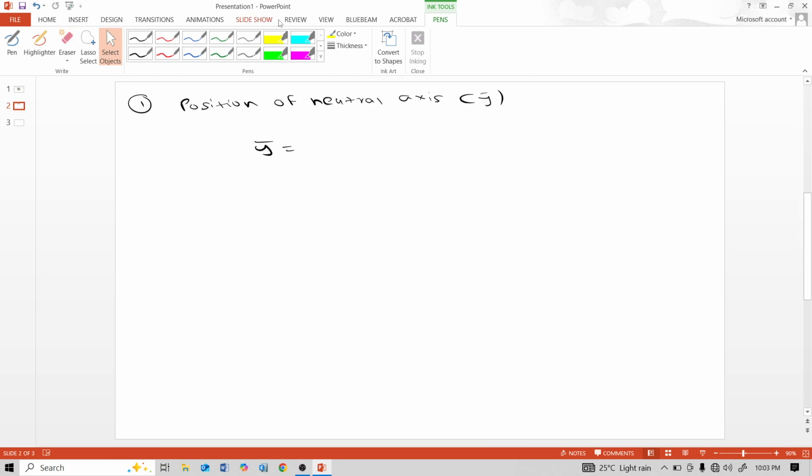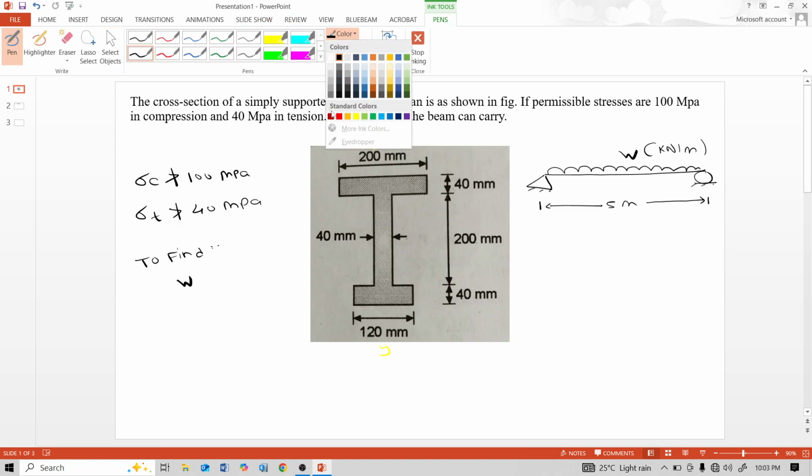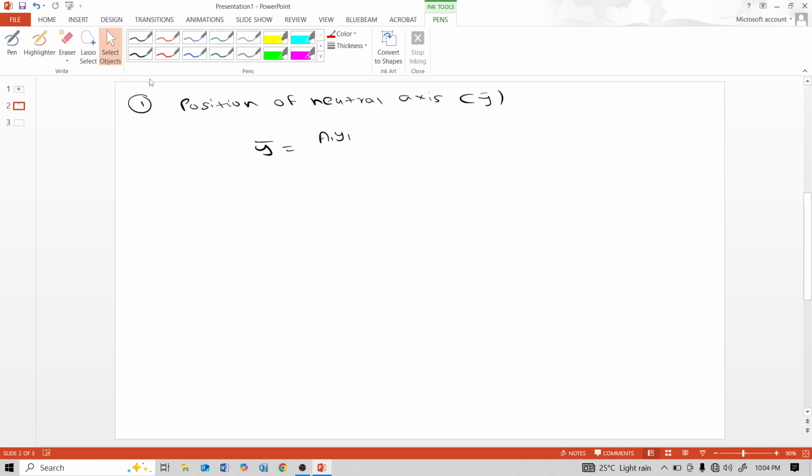So to find the position of neutral axis, the formula is (A1Y1 plus A2Y2 plus A3Y3) divided by (A1 plus A2 plus A3).